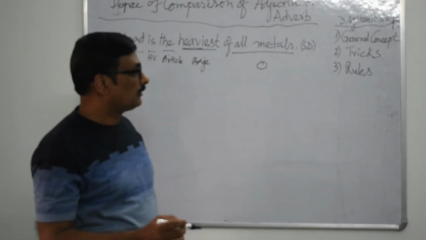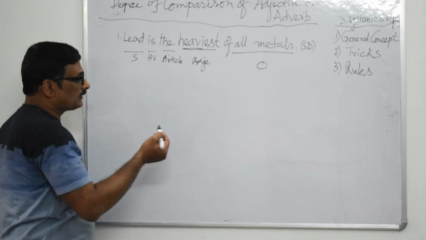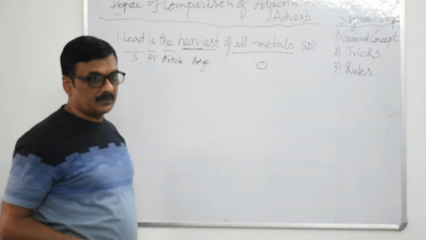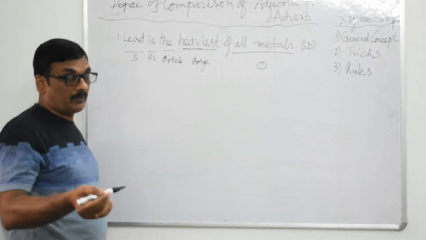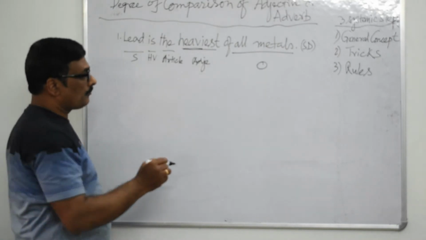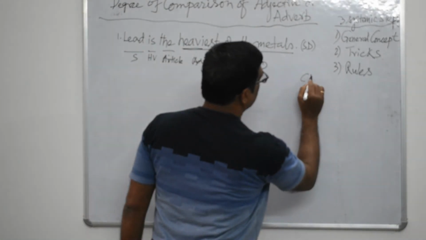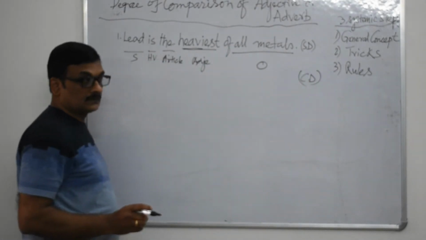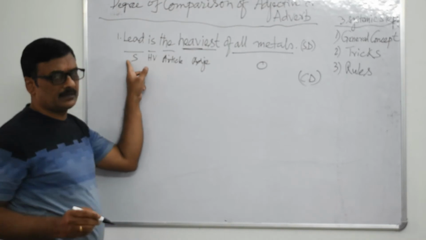Now we will proceed to the next, that is the comparative degree. What are the tricks of the comparative degree? How to follow, how to solve, and what are its rules? Just see, lead. In the comparative degree, first, what is used in the superlative degree, that is the subject.